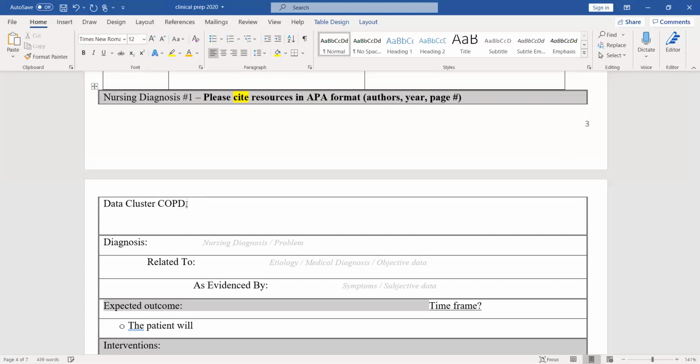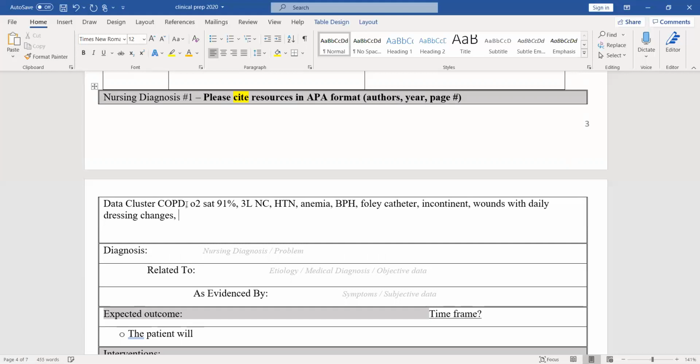Maybe they have COPD, maybe their O2 stat is 91%, they're on 3 liters nasal cannula, they have a history of hypertension, anemia, BPH, they have a Foley catheter, they are incontinent, they have wounds with daily dressing changes, they're hard of hearing, they are on bed rest, they're NPO, they're not eating or drinking anything.